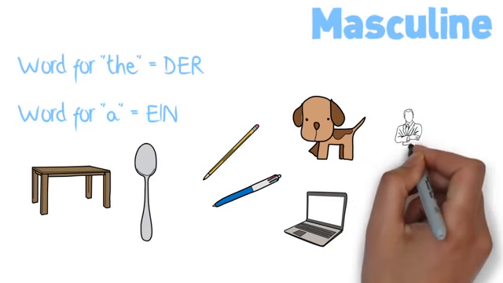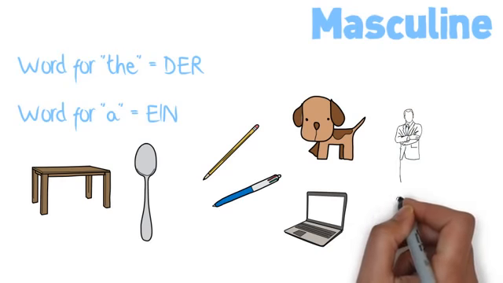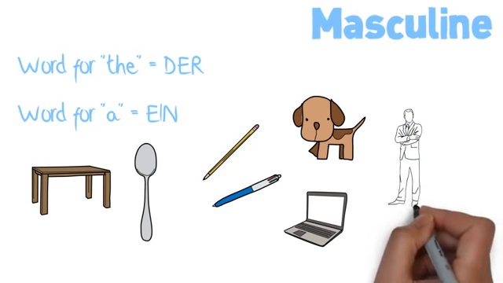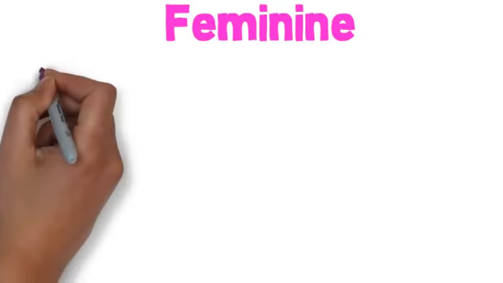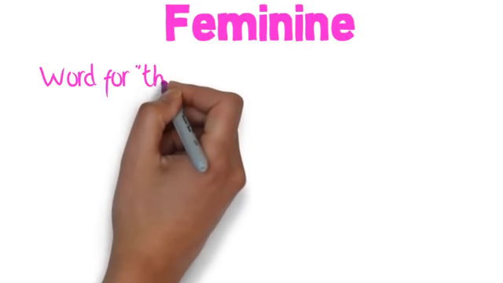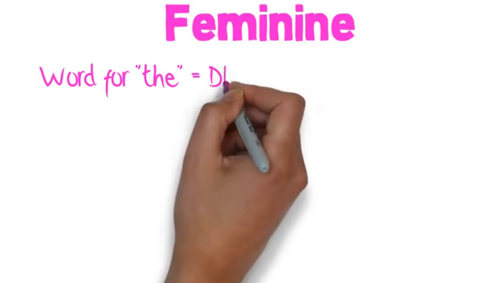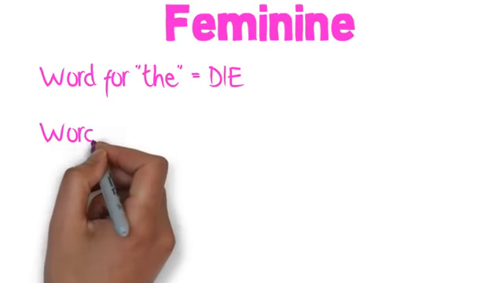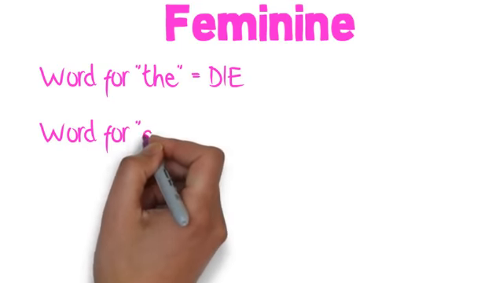Now, notice that only one of these nouns, der Mann, has an actual gender in real life according to biology. But because the German word for spoon or computer is a masculine word, those nouns act the same way as man does. Now let's move on to feminine nouns.